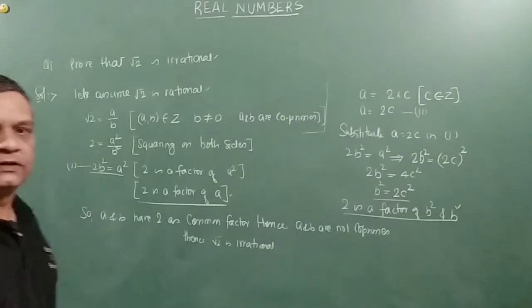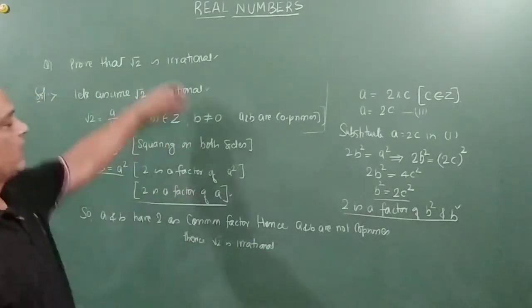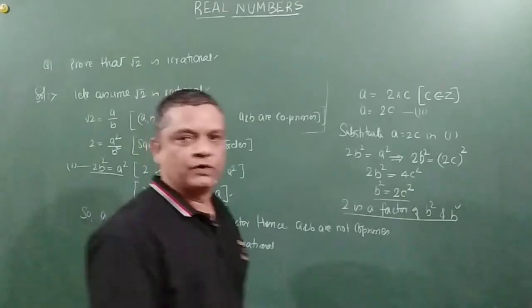You have to write a statement here saying that whatever we assumed is wrong, and hence root 2 is irrational.